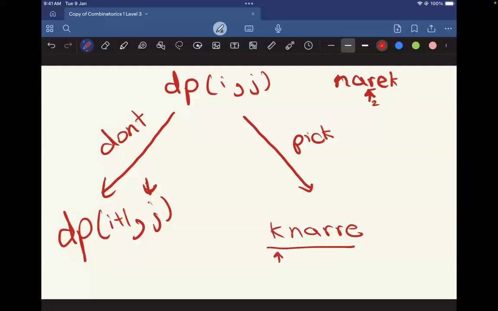I go to K. Do you agree? K is one of these characters, but not R, correct? That is why I would subtract my answer by 1. Now I would go to N. N is still not the character I'm looking for, but it is still among N, A, R, E, K. So I would subtract it by 1. Similarly for A, I would subtract it by 1.